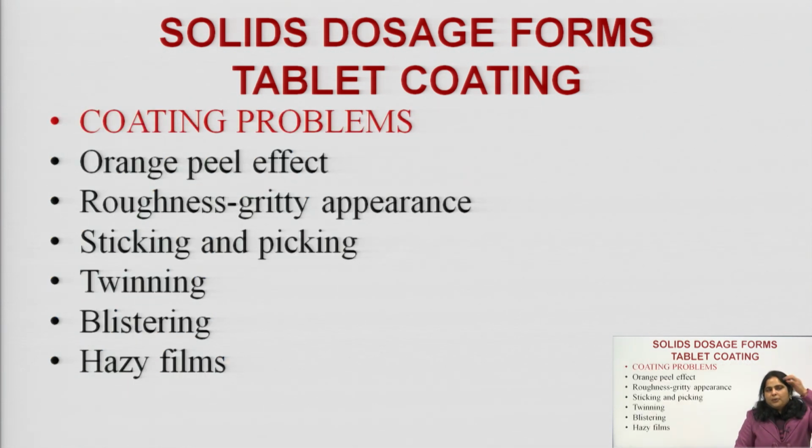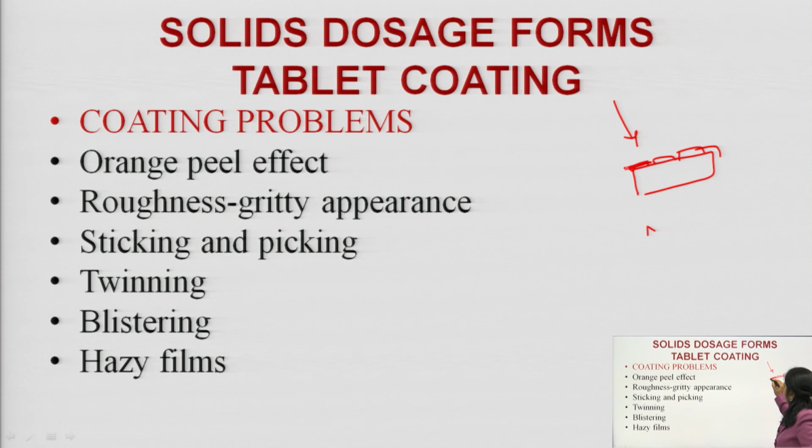Then, the various problems which we encounter during the tablet coating process include the orange peel effect. Orange peel effect means, suppose this is the tablet, and coating solution is sprayed on this.